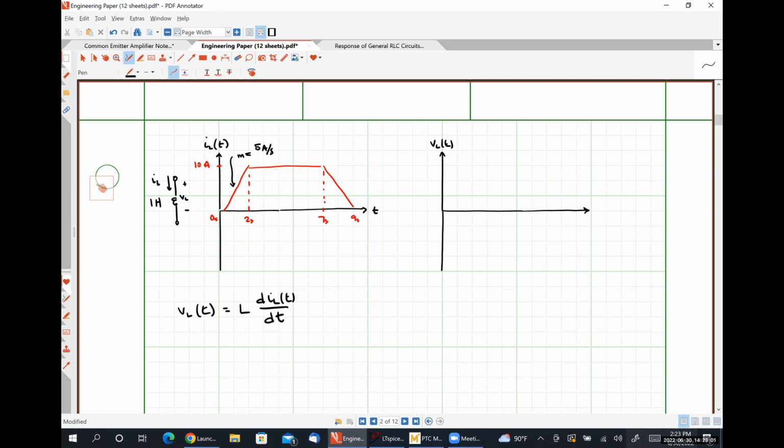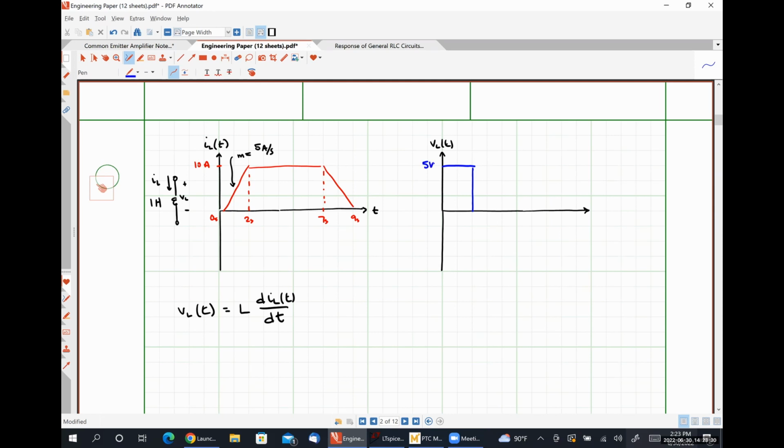So if we have that slope, 5 amps per second, and we multiply it by our 1 Henry inductor value, where a Henry is a volt-second per amp, what we'll find is that we will carry a voltage of 5 volts across the inductor terminals for 0 to 2 seconds.